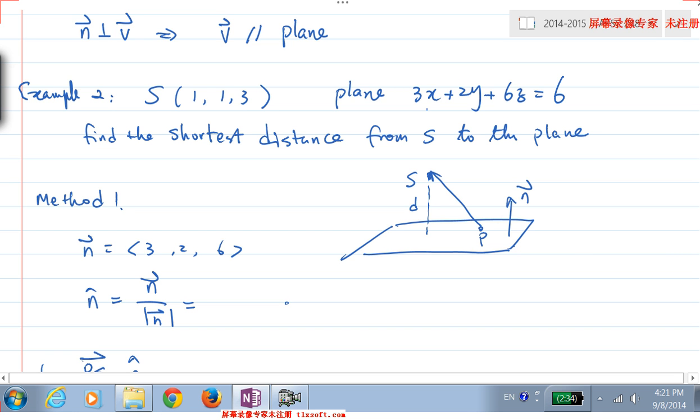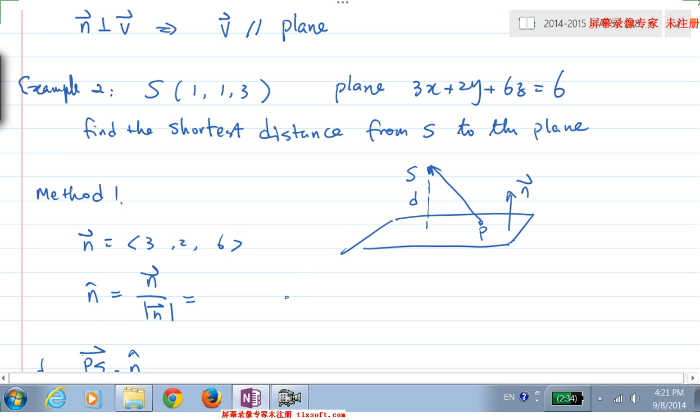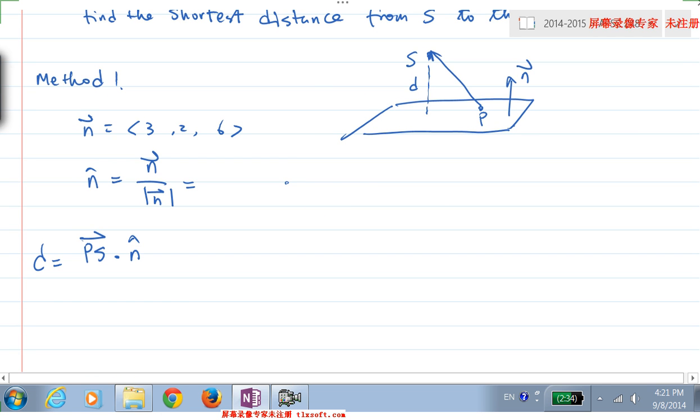Exactly, right? So basically, this is up to your creativity now. So you can come up with any point on the plane, as long as it is on the plane, okay? So P is on the plane. And where exactly is the P on the plane?